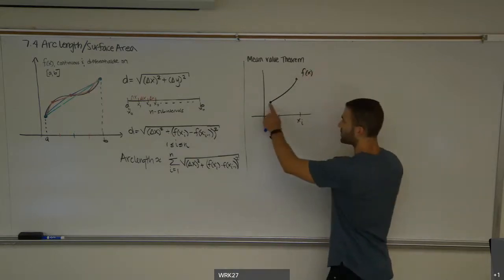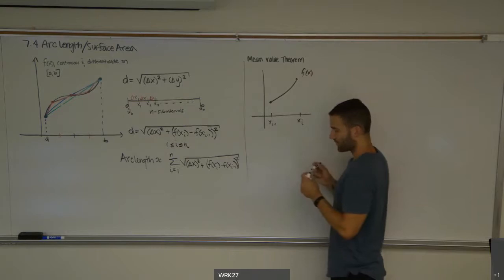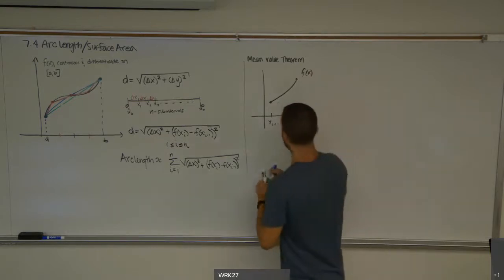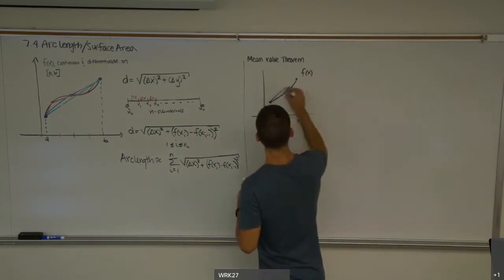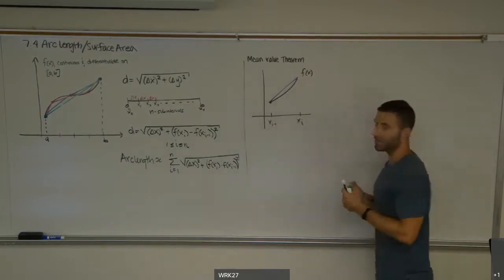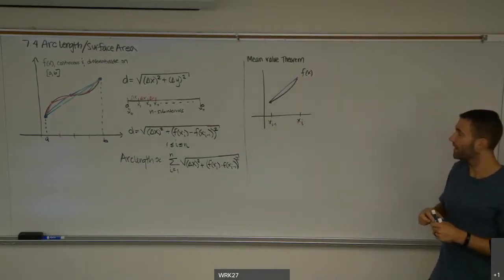So f of x sub i minus 1, f of x sub i. And we measure the slope between the endpoints. That would have to do with something about the straight line connecting them.